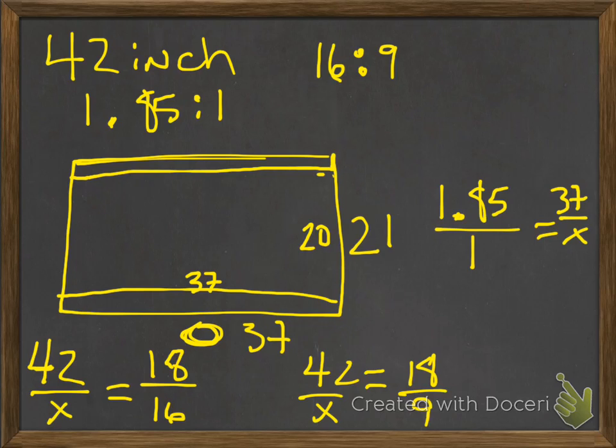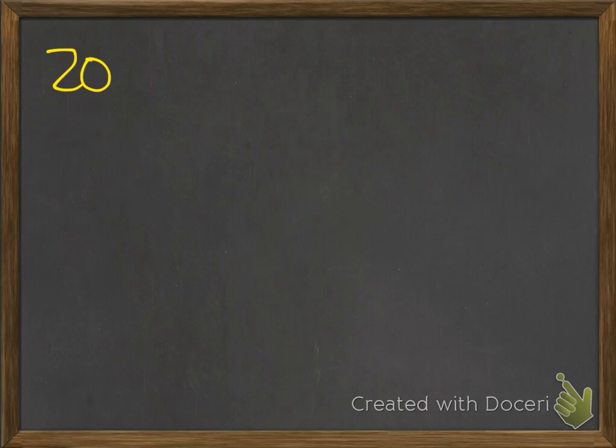Now, if there's a bar on top and a bar on bottom, each bar is approximately 0.5 of an inch, because there's an inch between those two. So the screen is 21 times 37, which gives you 777.